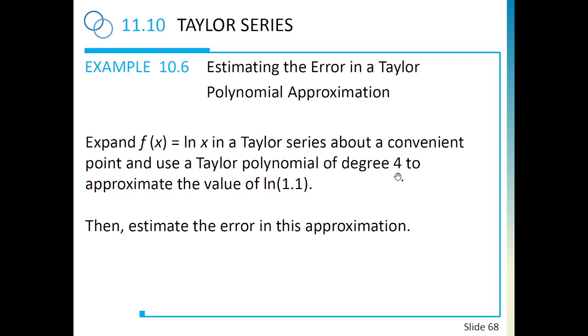So I'll take the terms in the series from the beginning up to x to the power 4. The goal is to approximate the value of ln 1.1, and at the end we will estimate the error of that approximation.